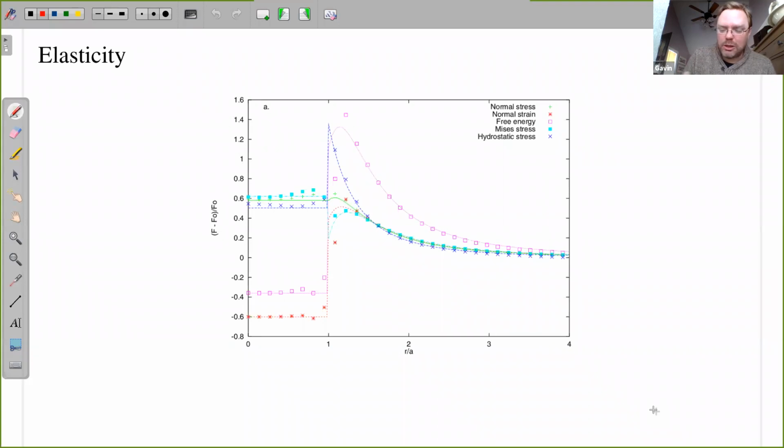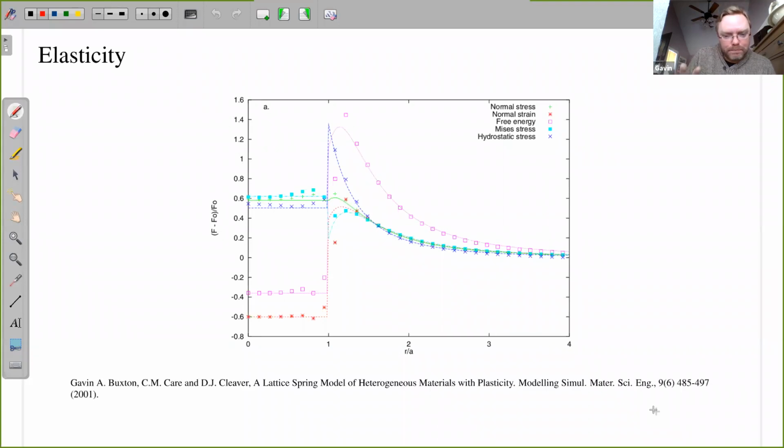In this particular work, in the lattice, either the bonds are stiffer because they're in the particle, or they're more compliant because they're in the matrix. But we don't have any that are in between. And so there are large discontinuity issues around the boundaries. Around here you start to get some noise.